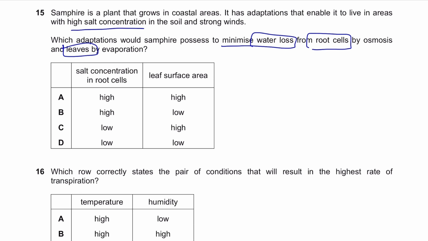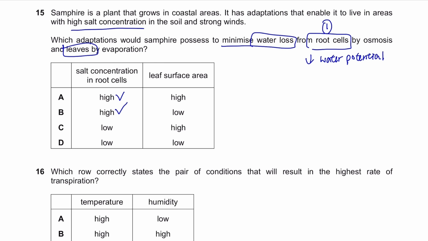In order to not lose water by osmosis in root cells, firstly, you need to have a very low water potential inside the root cells. This will help prevent water molecules from moving out of the cells, but instead, there will be more water molecules moving into the cell, and to have high salt concentration in root cells.